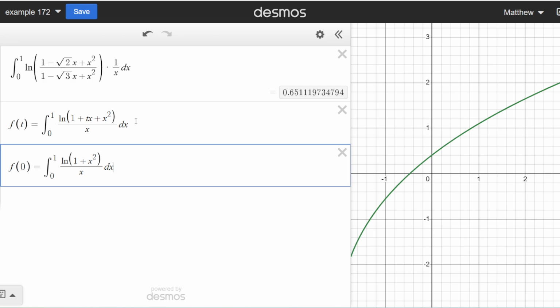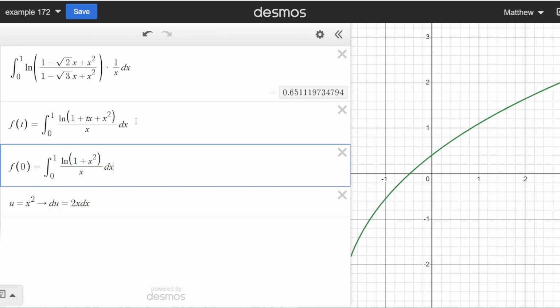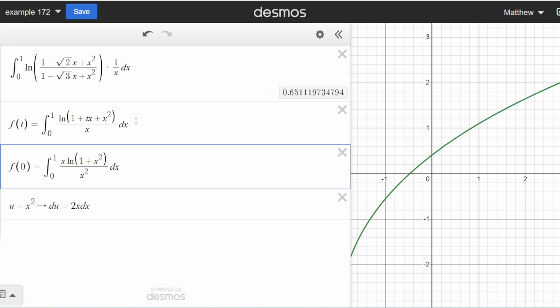Okay, so let's see. I'm going to let u equal x squared, implying du equals 2x dx. And then to make that x dx, I'm just going to put an x here and another x downstairs.